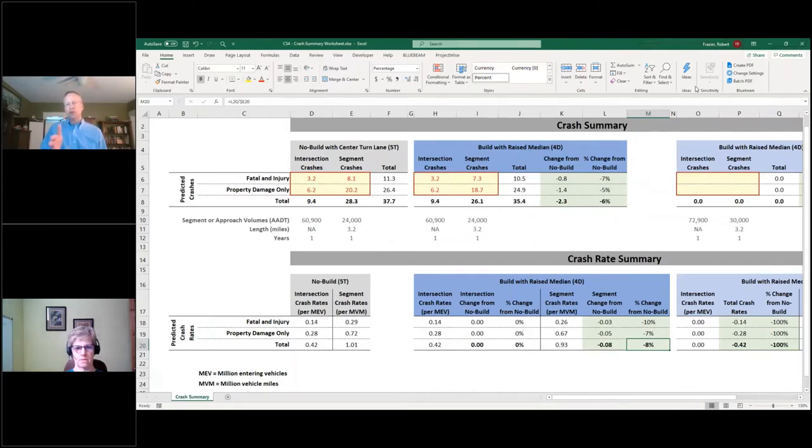So if you did the safety analysis and it showed a significant safety issue and you run these numbers, you're showing a benefit, but then you could ask yourself, is this enough of a benefit? And if you ran these numbers and it showed a decrease and safety was part of your purpose and need because you'd identified an issue, then we need to change our build alternatives to address that purpose and need. So to me, the historical analysis is essential every time.